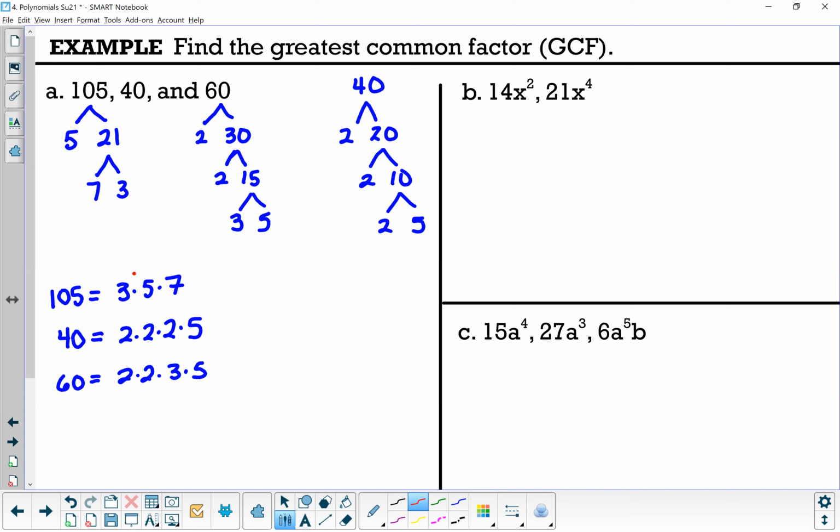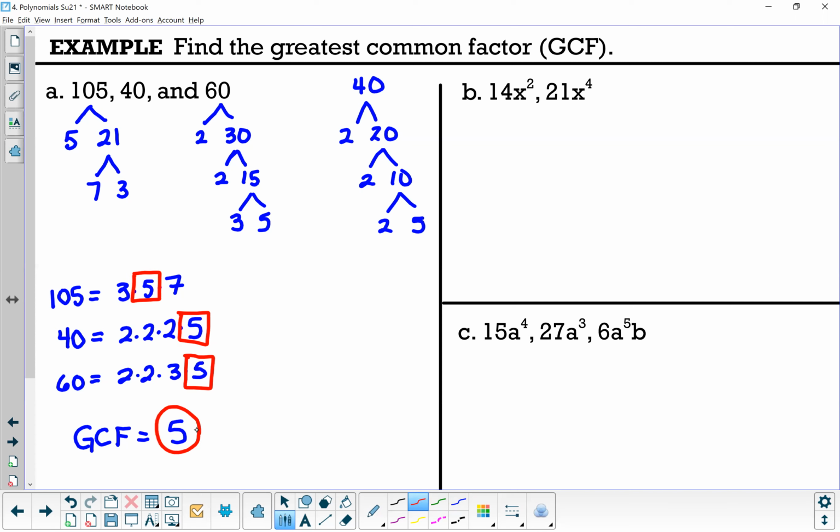So 5 is common. 7 is a factor of 105, but not of 40 and not of 60. And 2 is a factor of 40 and 60, but not of 105. So our only common factor is 5, and therefore it is also our GCF.